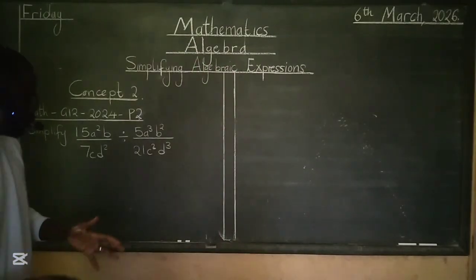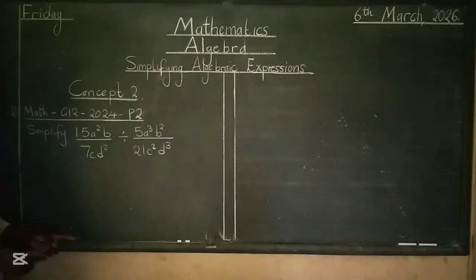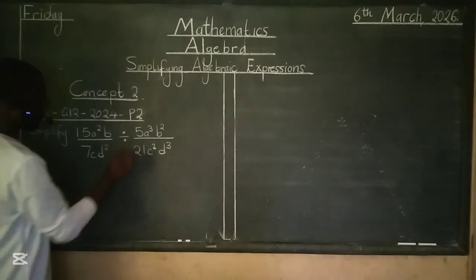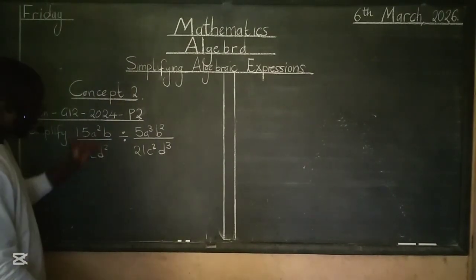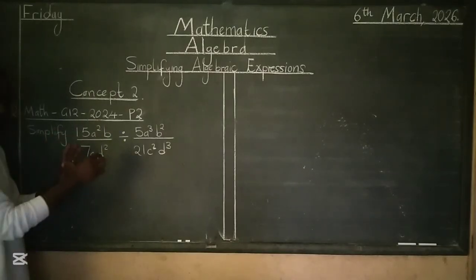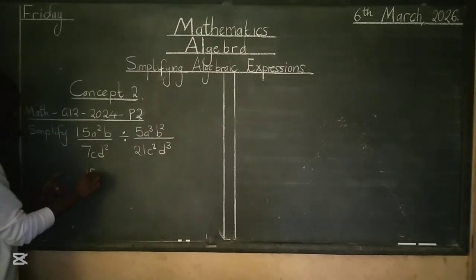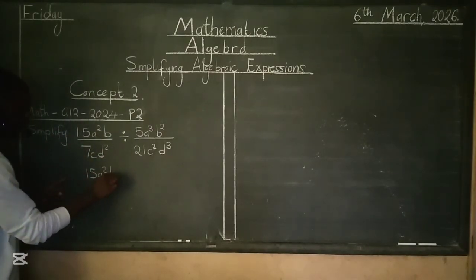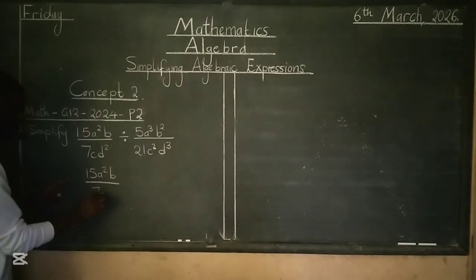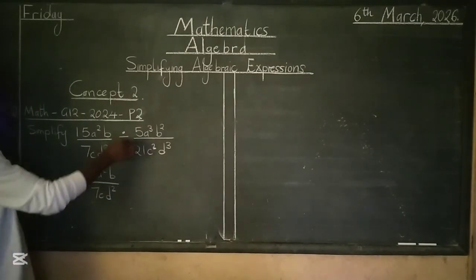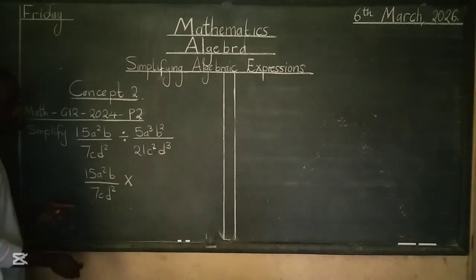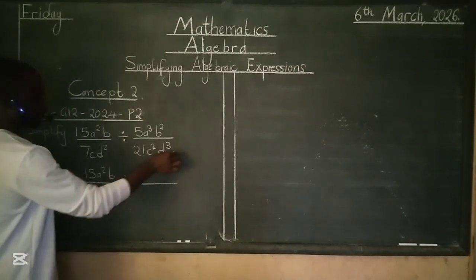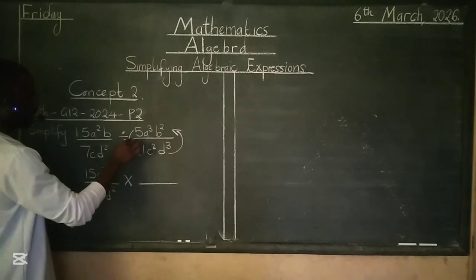Let's work on example 2. So example 2 looks like this. Again, as usual, we are going to get rid of this sign by taking everything, at least the first part, as it is. So this is 15 a squared b over 7c d squared. We change this to the multiplication sign. The bottom part goes up, the top part comes down.